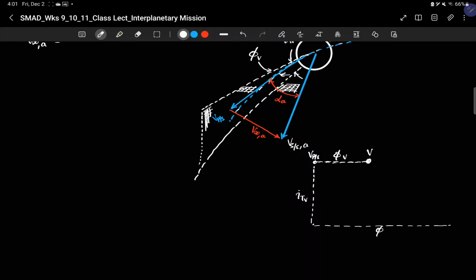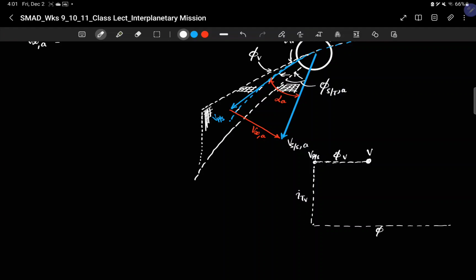So I forgot to mention this in the figure: in this plane, this is your phi. This is the phi of the spacecraft at arrival. Therefore this phi is the flight path angle of the spacecraft on the transfer trajectory at arrival.